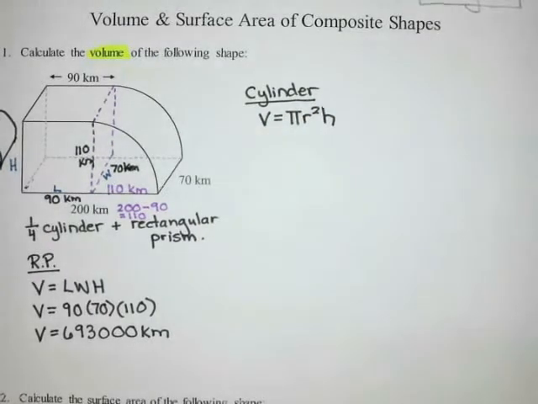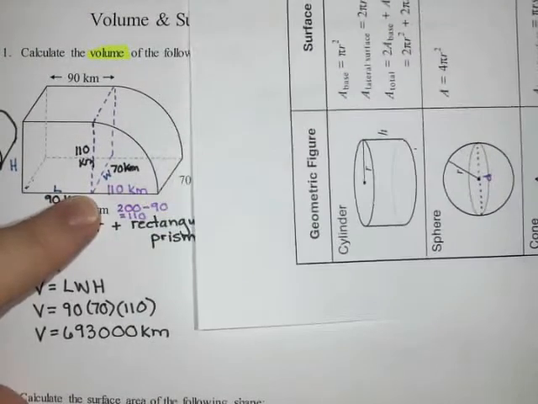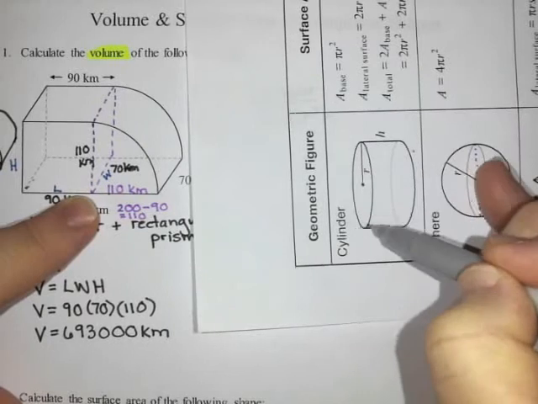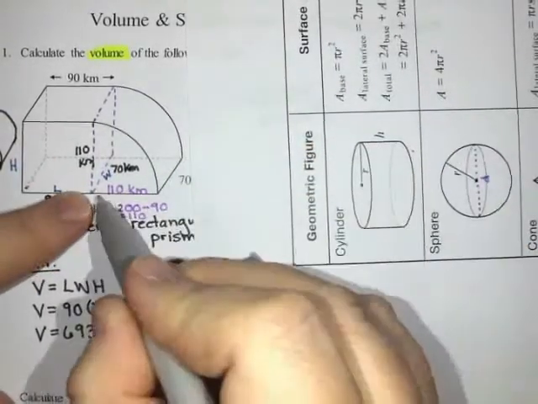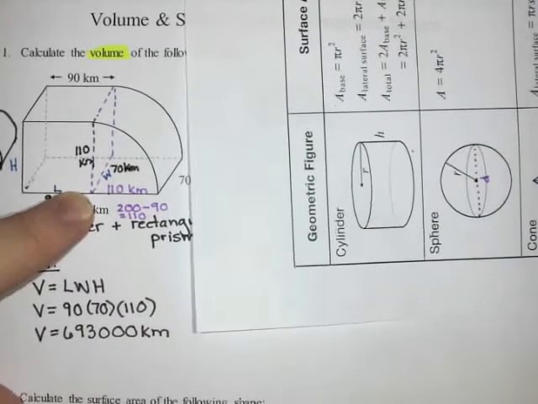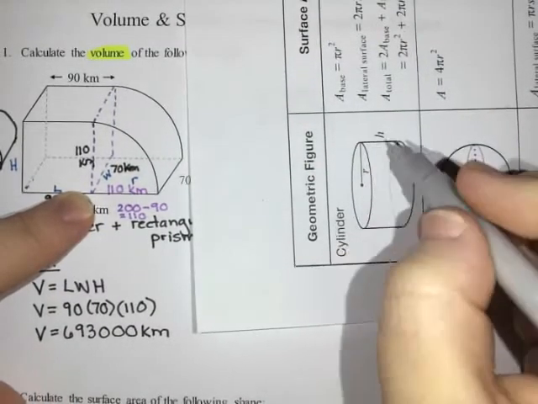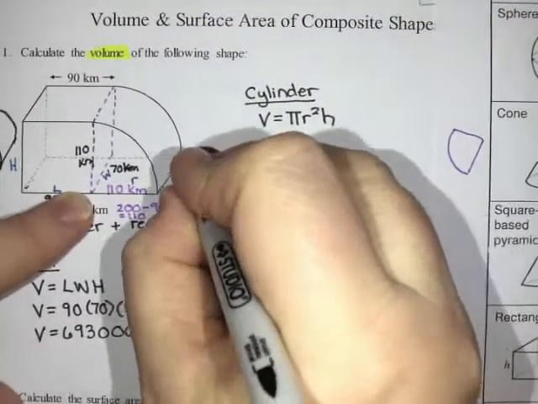Now, if I look at my picture and try to label it, it's a little hard because the orientations are different, but here is the circle, here is the part of the circle. So this is going to be my radius. My radius is 110, and then the side there, well, it doesn't really matter what way I turn it around. That's the height.